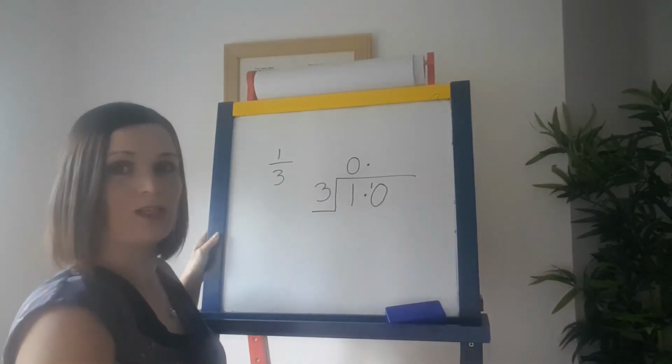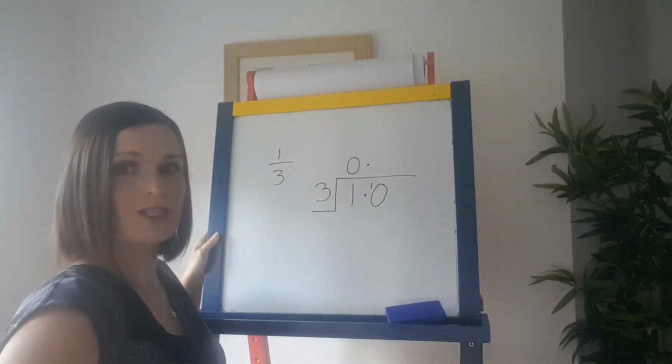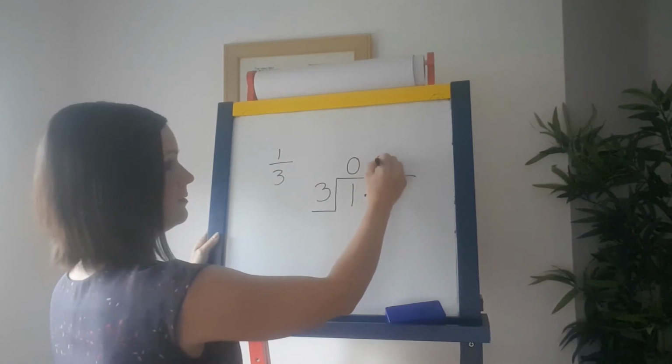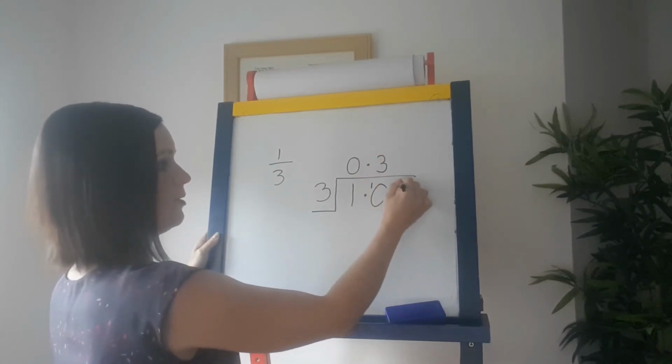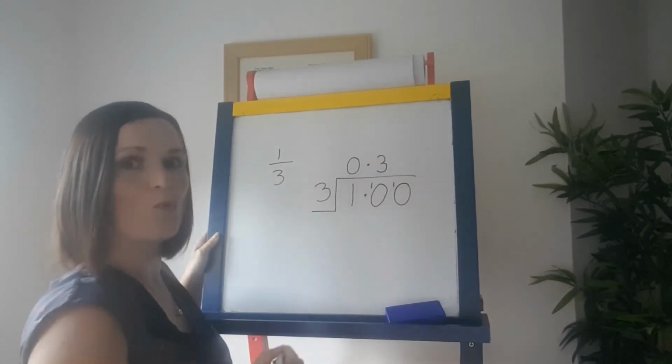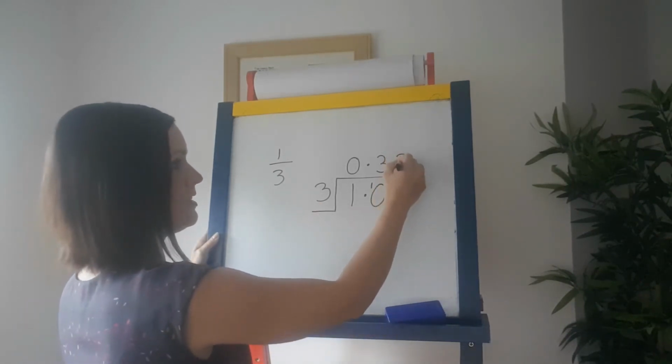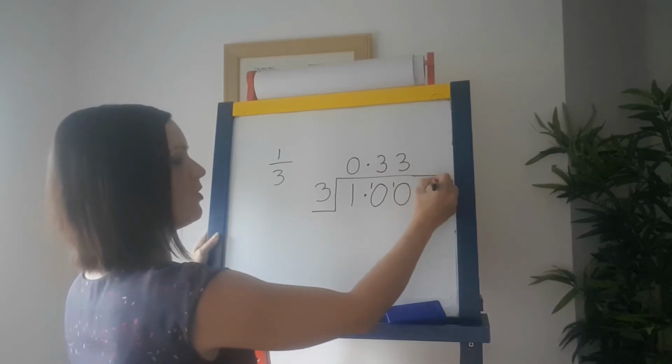10 divided by 3, well, there's 3 3's in 10. 3, 6, 9. But you still have 1 left over. And so 3 into 10, it goes 3 times with 1 left over.